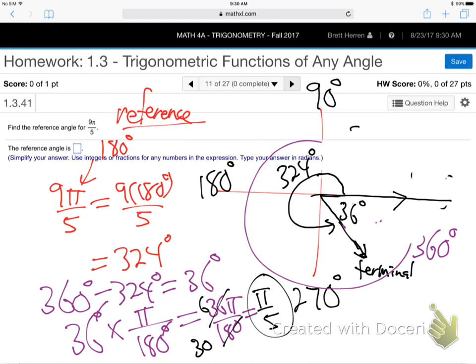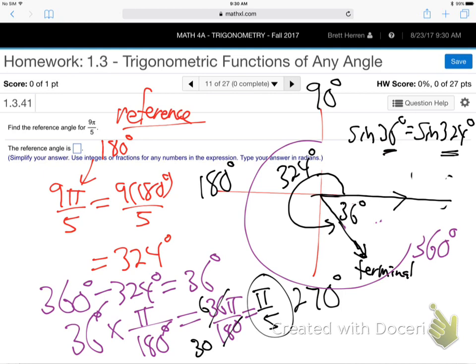In other words, the sine of 36 degrees will be the same as the sine of 324. And same for cosine, tangent, except for positive, negative is what I mean by that, right? Other than positive negativeness, which we can figure out based on which quadrant we're in, the numbers will be exactly the same for all 6 trig functions if you do 36 degrees or you do 324 degrees.